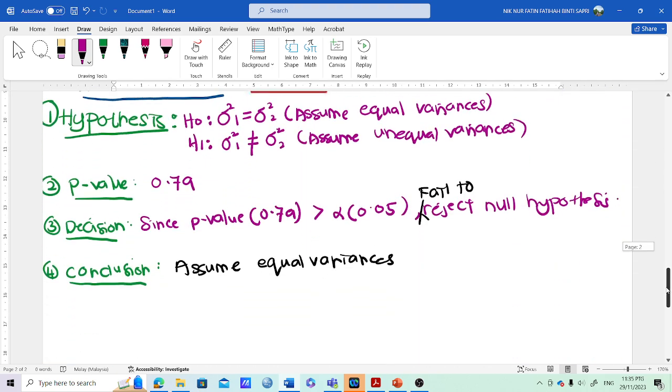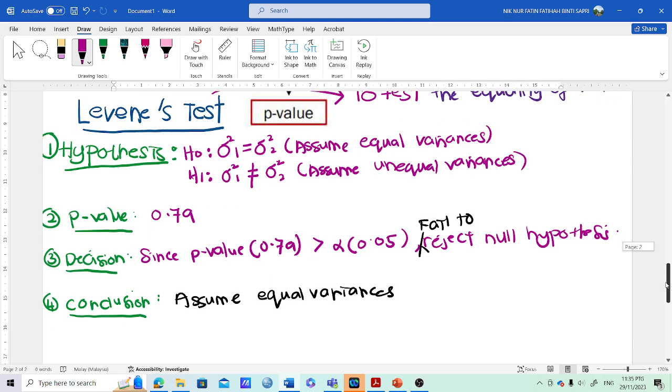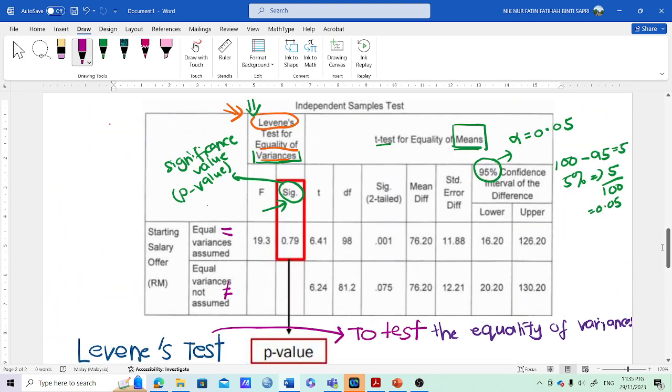According to our finding just now, we found that the variances are equal. So you can cancel out the bottom row. It means that we will take the values in this row. Alright, so that is for the Levene test.